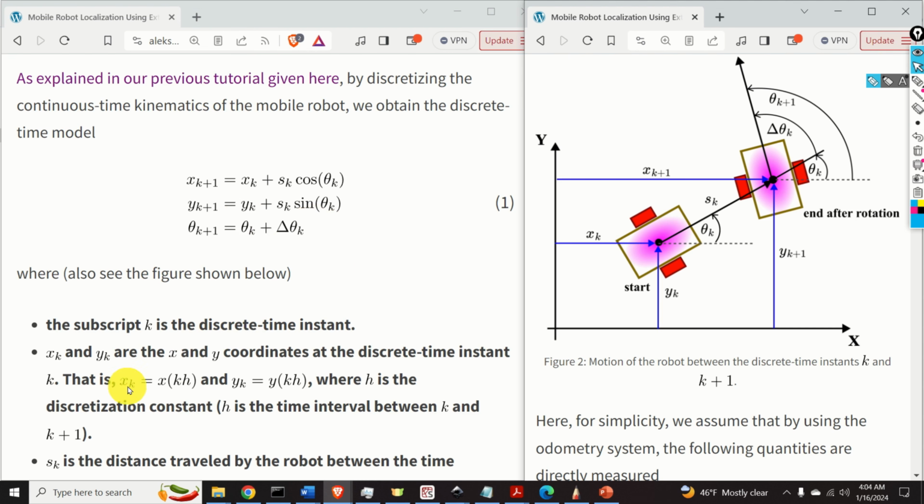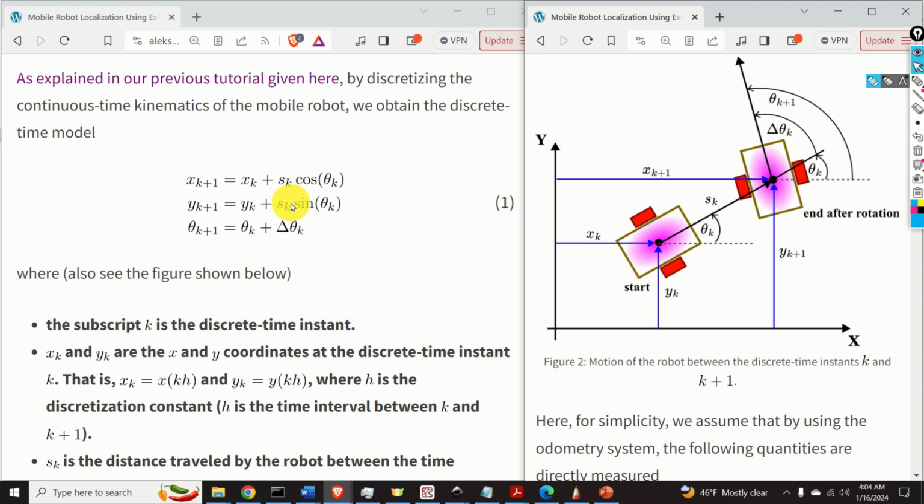That is, x with the subscript k is actually x at the time instant k times h, and y with the subscript k is y at the time instant k times h, where h is the discretization constant. That is, h is the time interval between the time instant k and the time instant k plus 1. These quantities are shown over here.